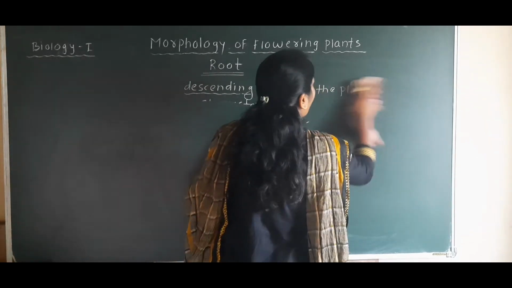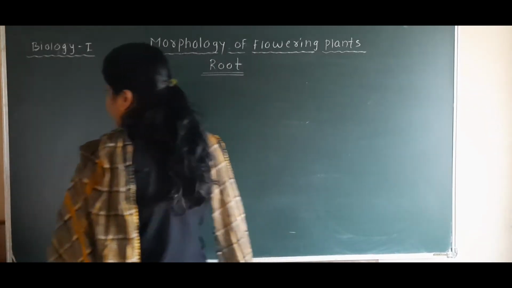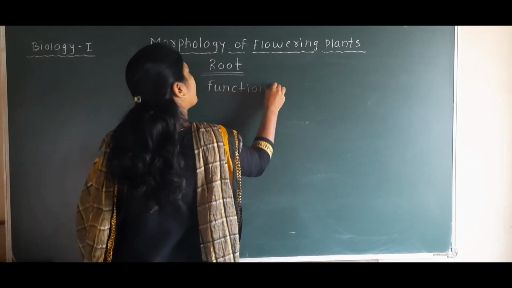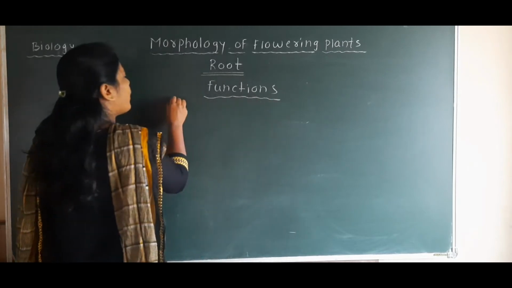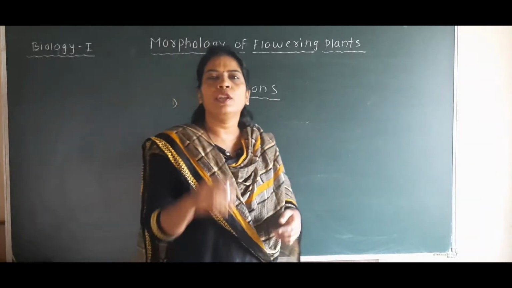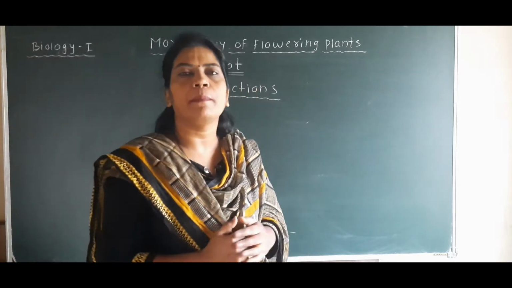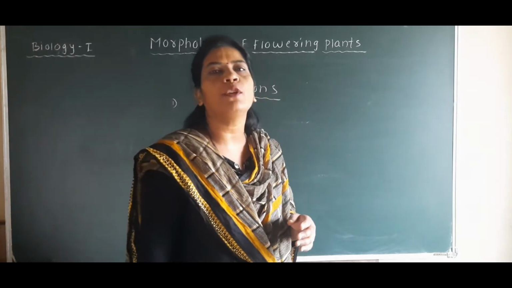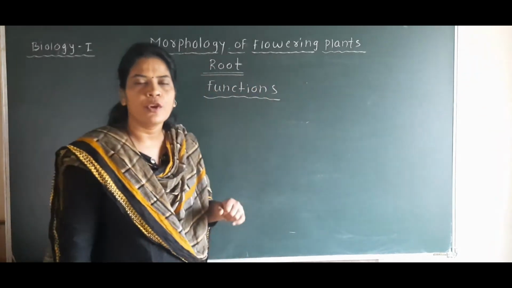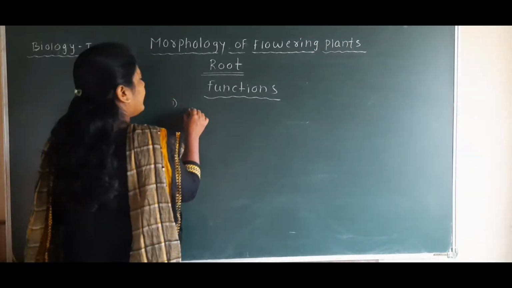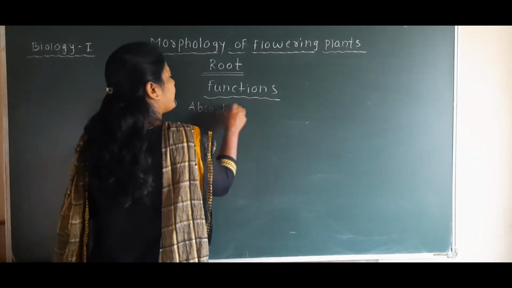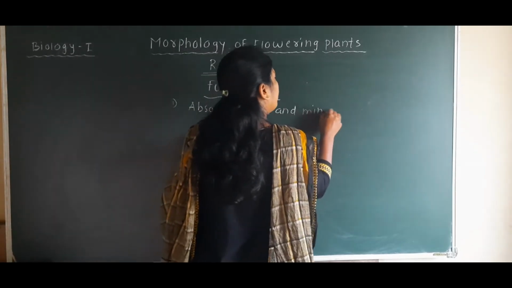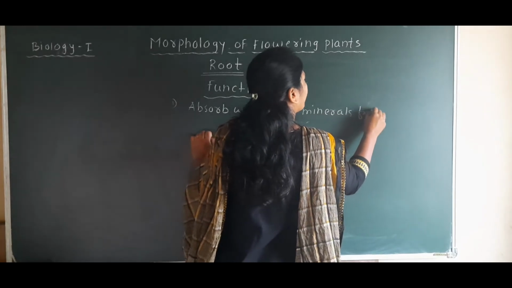The first important function is that the plant requires water and minerals for its growth and development, and that water and minerals are provided to the plant with the help of the roots. So the first function of the root is it absorbs water and minerals from the soil.